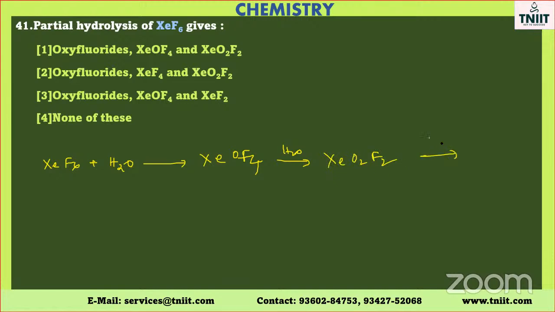This further undergoes hydrolysis to form XeO3. So partial hydrolysis of XeF6 gives xenon oxyfluorides, XeOF4 and XeO2F2. Hence, the answer for this question is option 1, oxyfluorides. They are called oxyfluorides.